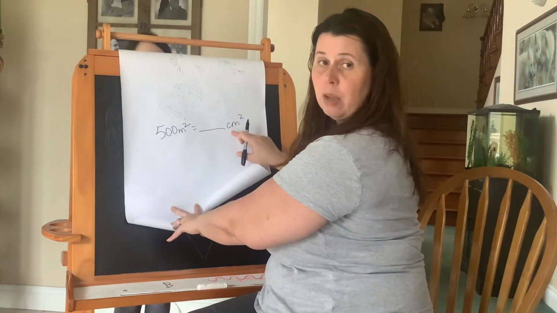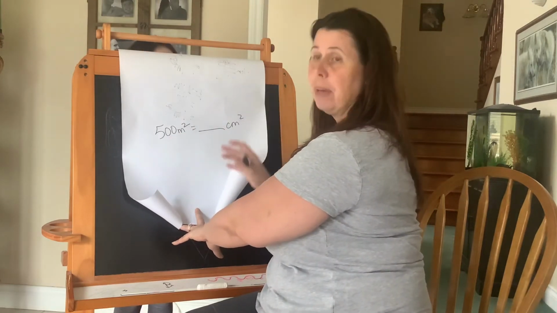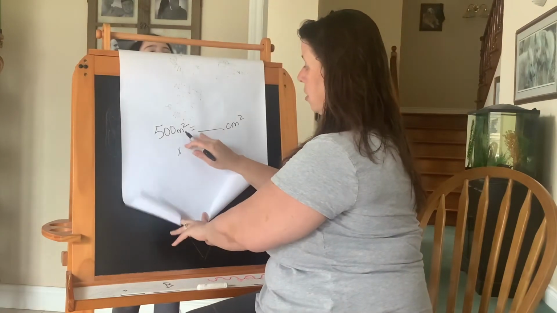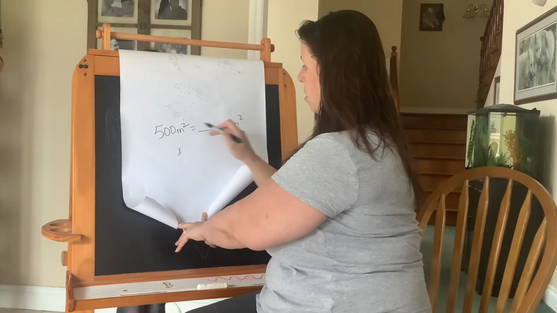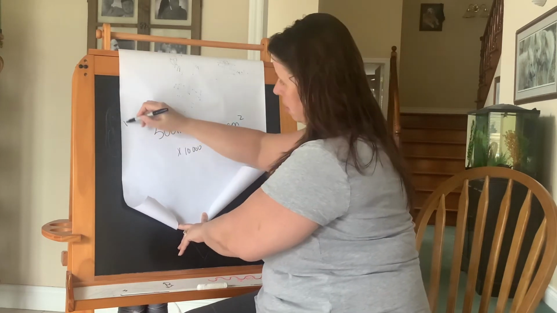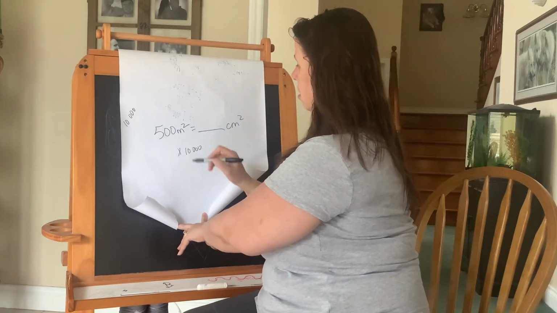There's going to be way more centimeters needed to cover the same area. So that means my number has to get bigger. If it's going to get bigger, I'm going to multiply. And I know that the thing I have to multiply is 10,000 because there's 10,000 square centimeters in a square meter. So times 10,000. If I were you, I'd write your 10,000 over here so you have those 4 zeros ready to remind you. Okay?